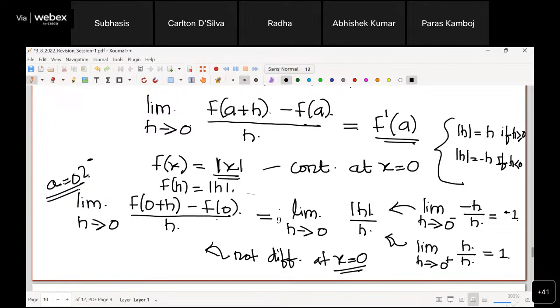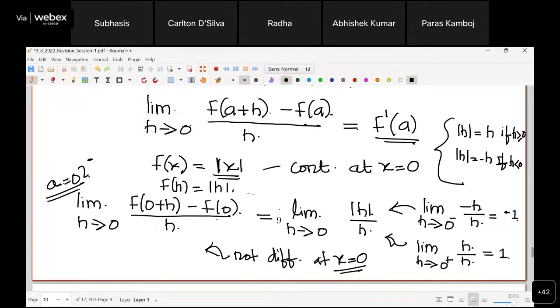No, continuity is different. So again, what is the definition of continuity? Can you tell me? The function value of f at x equal to 0, meaning both the limits RHL and LHL must be equal, and equal to f of a.